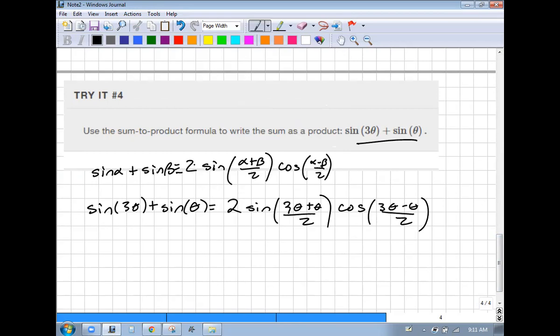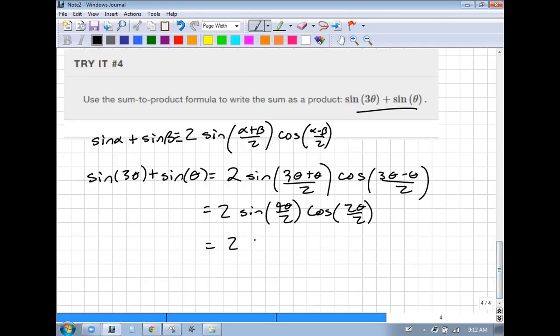Is that okay so far? So we get 2 sine of 4 theta over 2, cosine of 2 theta over 2. And of course, we can simplify these, right? 4 over 2 is 2, and then cosine theta. That's all they're asking you to do. So I'm not going to cover this section too much because all you're doing is following the formula exactly. Y'all can do that by now, right?